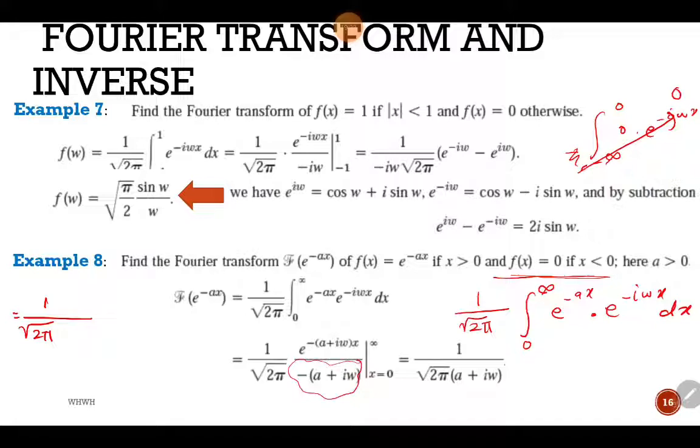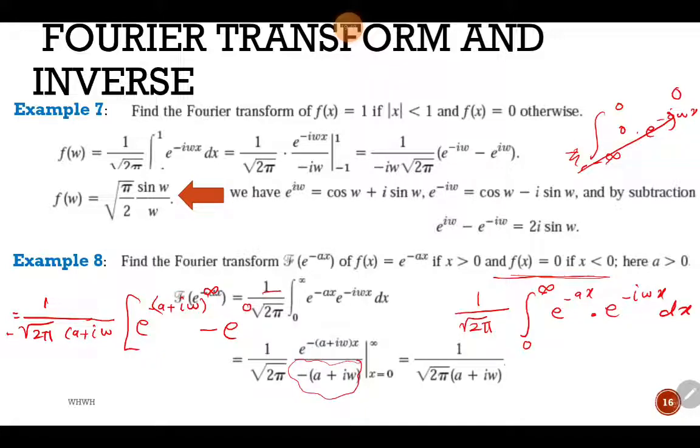So negatif kat depan ni a tambah i omega, and then the integration is e kuasa negatif a tambah i omega x kuasa infinity tolak e kuasa kosong.